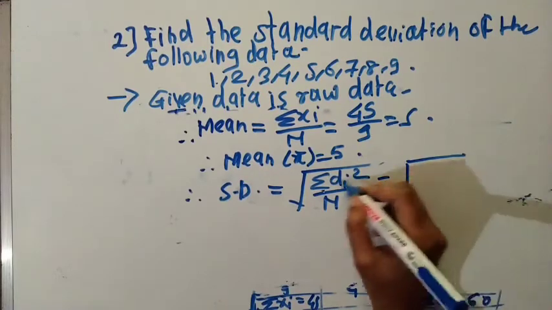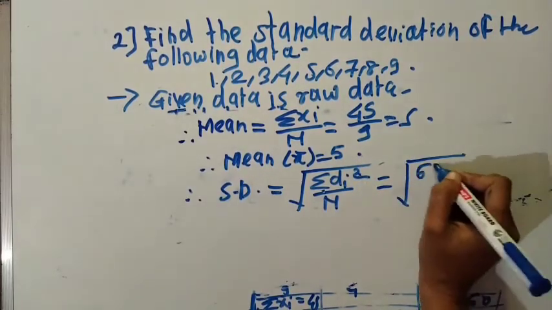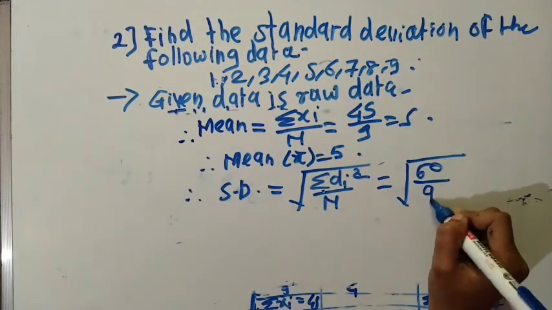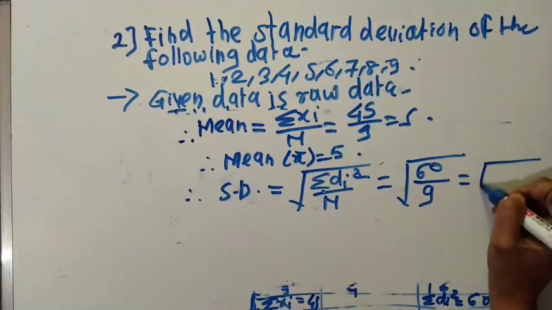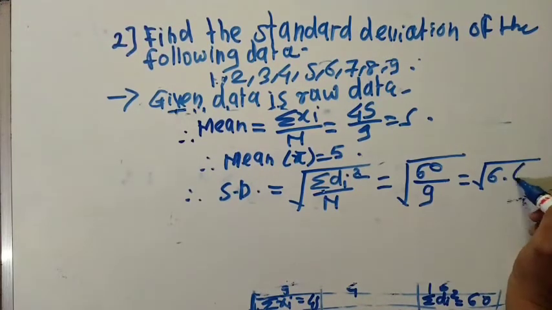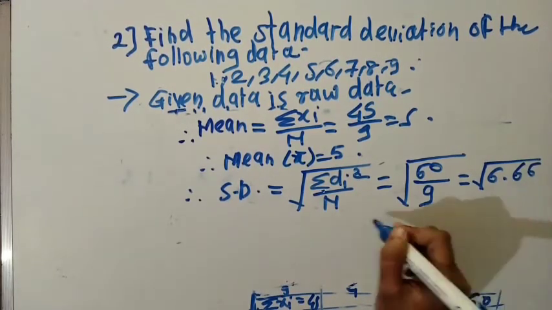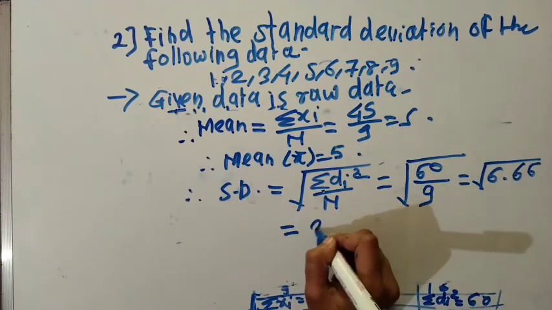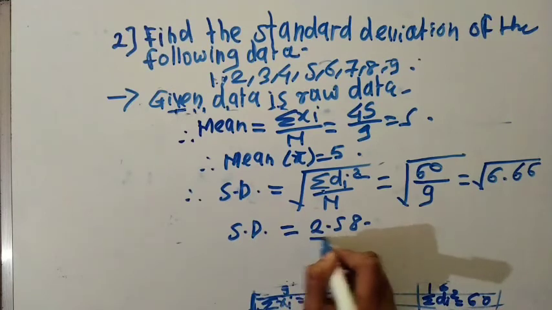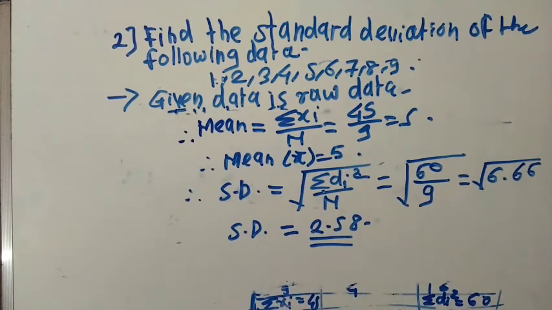The summation of di square is 60 upon n, the total number, which is 9. So the root of this is 2.58, and the standard deviation is 2.58.